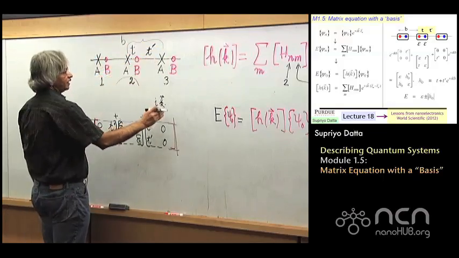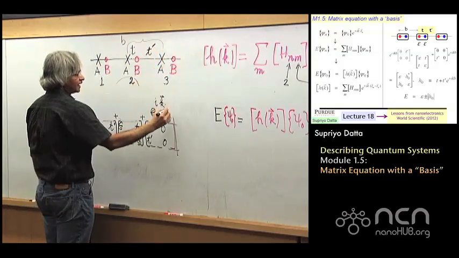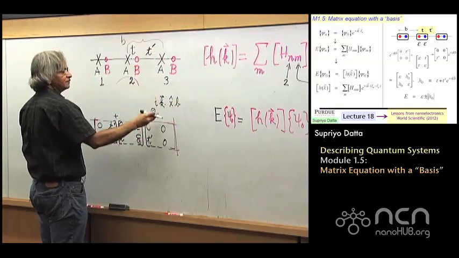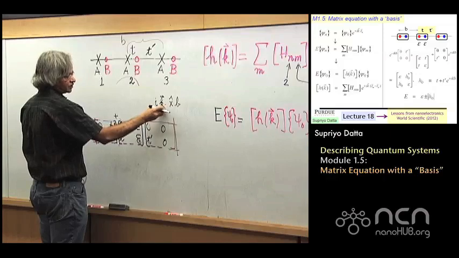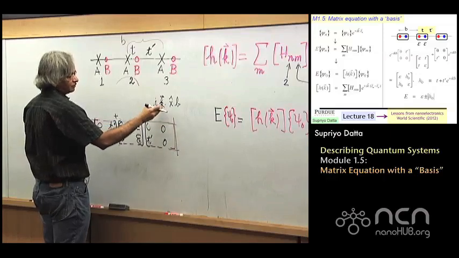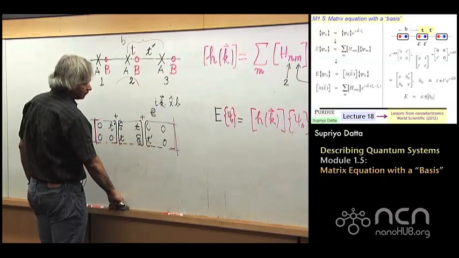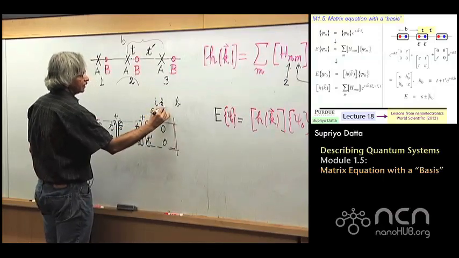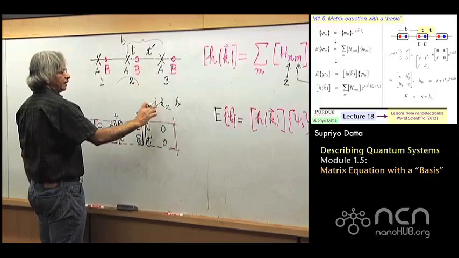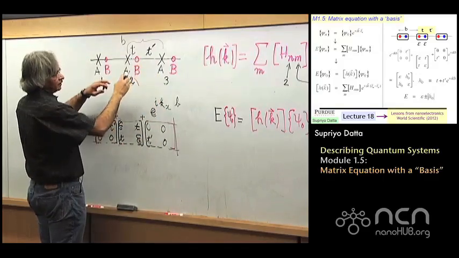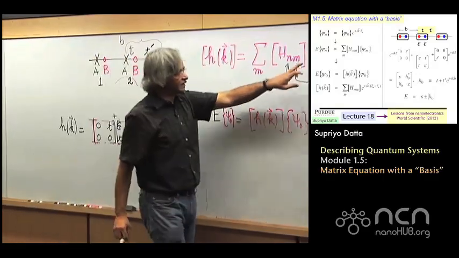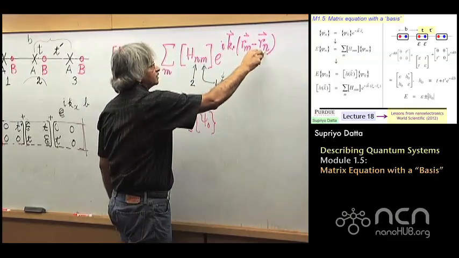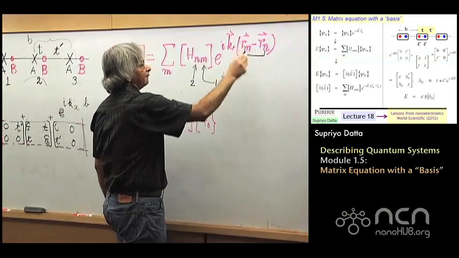So it will be i k dot, if this direction happens to be x, then you'd probably write x b. And this is a 1D problem, so you could just write it as k, just a number, but let's put it k_x then. So it will be e to the power i k_x b. And plus, because you see that phase factor here, as I've mentioned before in the last module, it's the vector that runs from point n to point m.